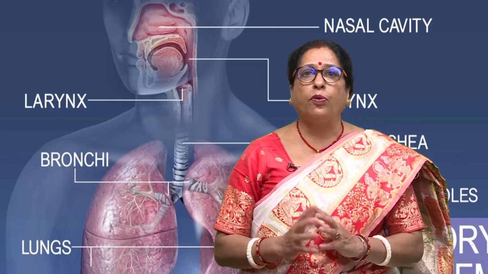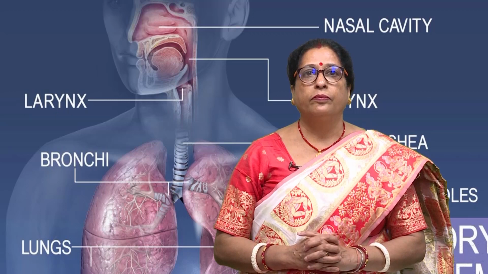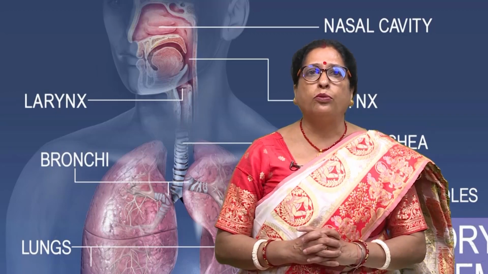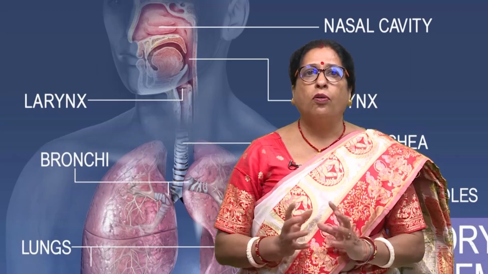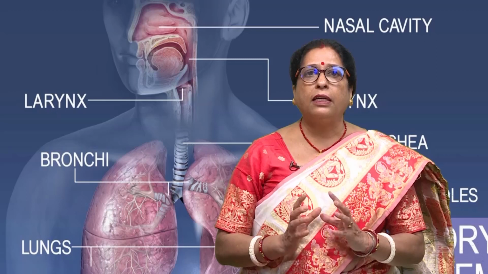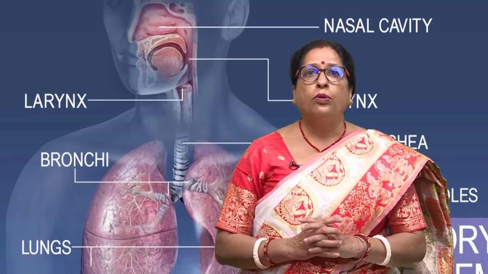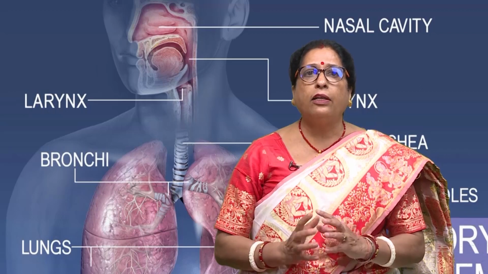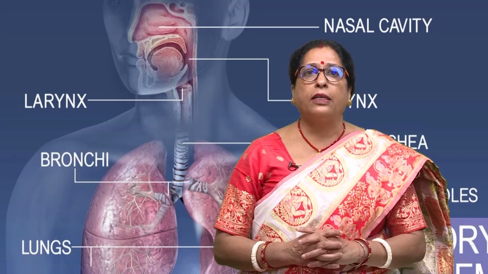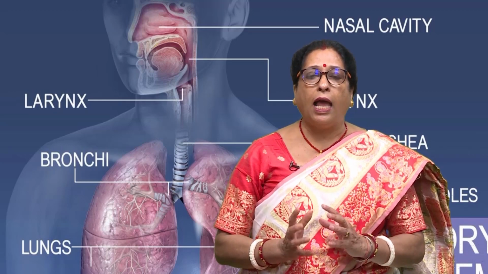There is one bronchus in each lung. The bronchi then split into smaller tubes called bronchioles, which the air moves into. At the end of each bronchiole, the air ends up in microscopic air sacs called alveoli.